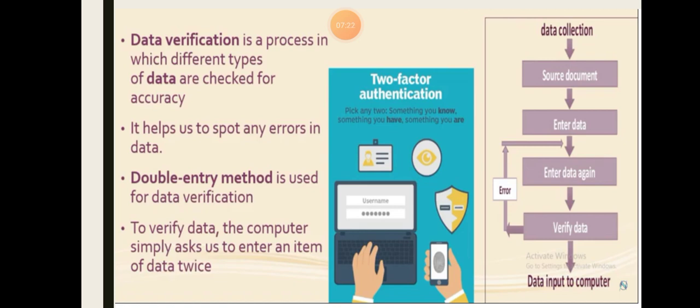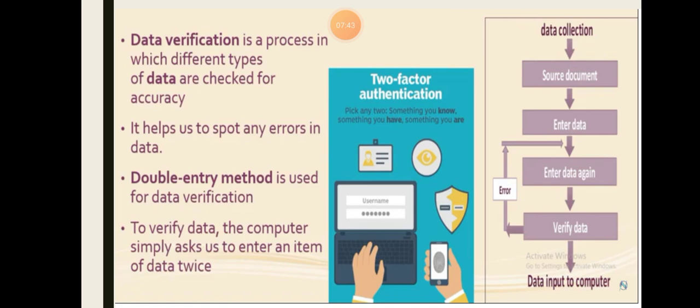Okay, so here you can see the flow of the double entry method. In your data collection you have made your source document, after that enter data again. This is called the double entry method where you have to enter your data twice. Okay, then verify data. How can we verify data in the double entry method?